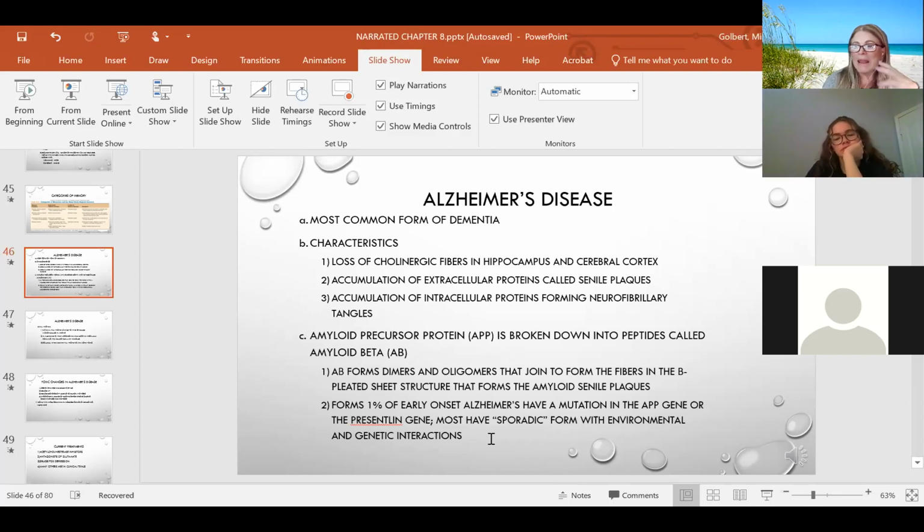So these plaques will start to entangle the neurons, and those neurons are not able to respond the same way. So these proteins that accumulate are called amyloid beta proteins, so AB.